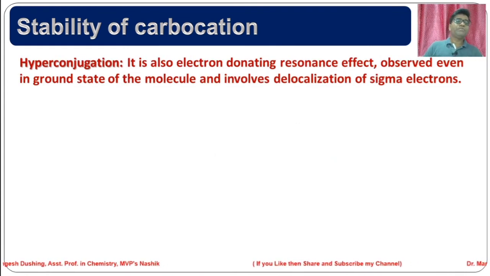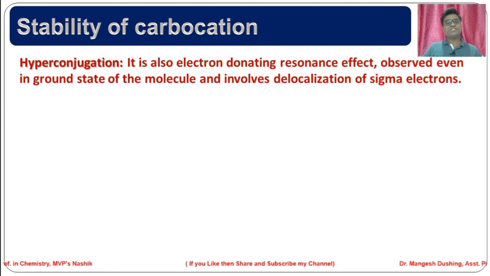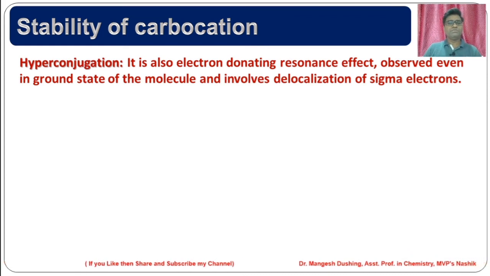The third factor is the hyperconjugation effect. Hyperconjugation is similar to the electron donating resonance effect. It is observed even in the ground state of the molecule and involves delocalization of sigma electrons. The difference between the resonance effect and hyperconjugation is that in the resonance effect there is delocalization of pi electrons as well as non-bonding electrons, while in hyperconjugation there is delocalization of sigma electrons.